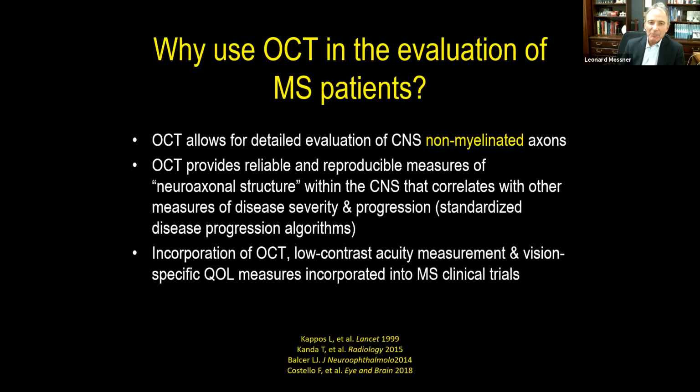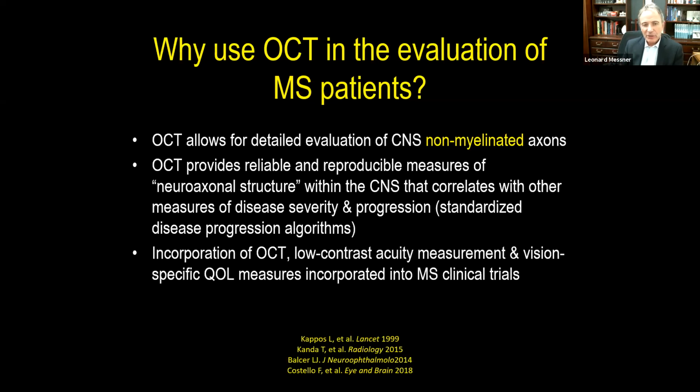The other thing that we need to remember is that this is science that's been evolving over at least the past 15 years, and there is a wealth of information now. Much of this began with Dr. Laura Balcer and her colleagues at the University of Pennsylvania in the early 2000s, and has extended with many, many publications, looking at both nerve fiber layer as well as ganglion cell abnormalities in multiple sclerosis, and using these findings as biomarkers or indicators of disease progression within the visual and ocular domains.